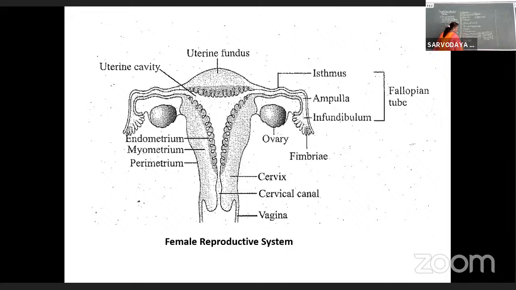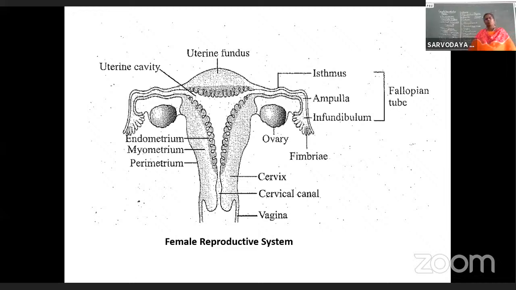It takes part in the cyclic changes of the menstrual cycle. During the menstrual cycle, cyclic changes occur, and for that, which layer takes part?